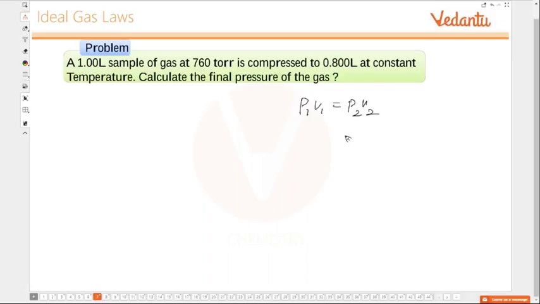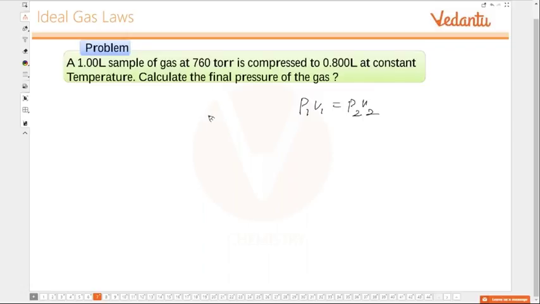What do you think? Pressure will be higher or lower? The volume is decreasing, so pressure will increase. You should get a pressure more than this. That is correct.